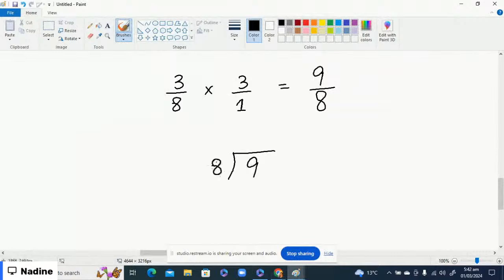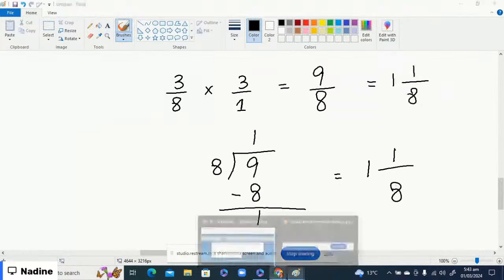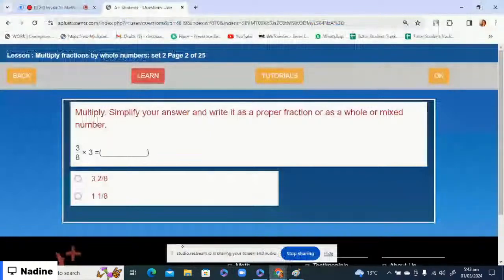Now tell me, 8 times which number? 8 times 1 is 8. Now what is left? 9 minus 8, what's the answer? 1 into 1 over 8. So we write our answer 1 into 1 over 8. Is there any answer for 1 into 1 over 8? Yes, this one.